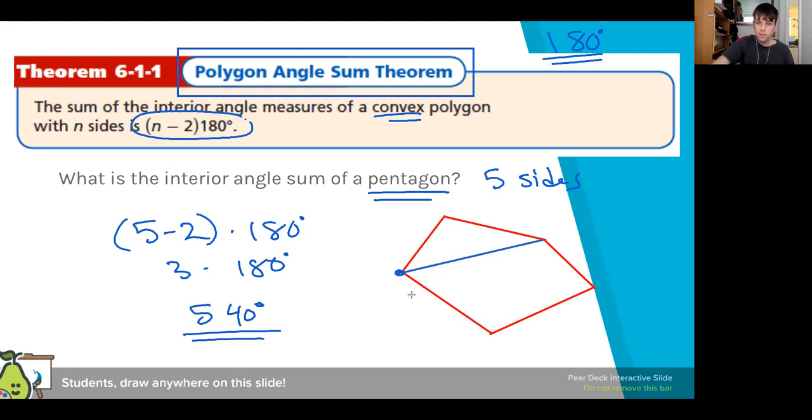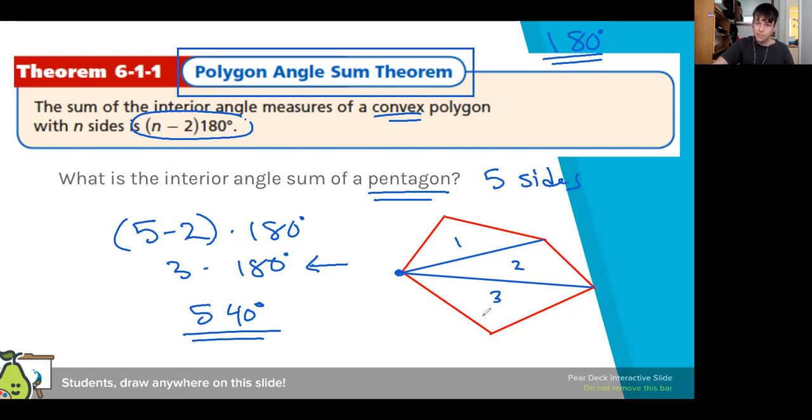So here and here. I have taken this shape, which is a pentagon, and I've divided it into 1, 2, 3 triangles. I know that 3 triangles are 3 times 180.